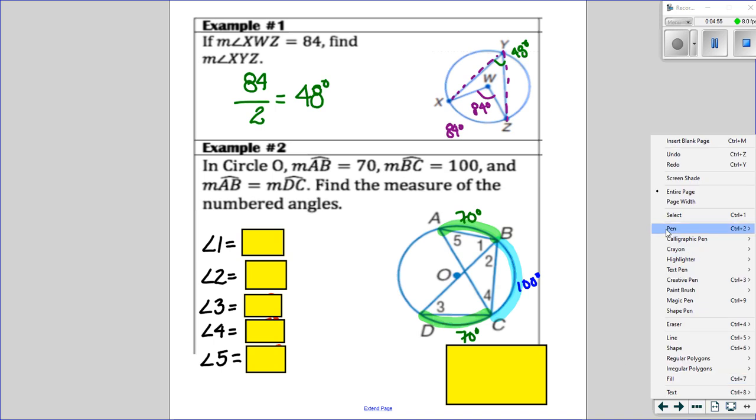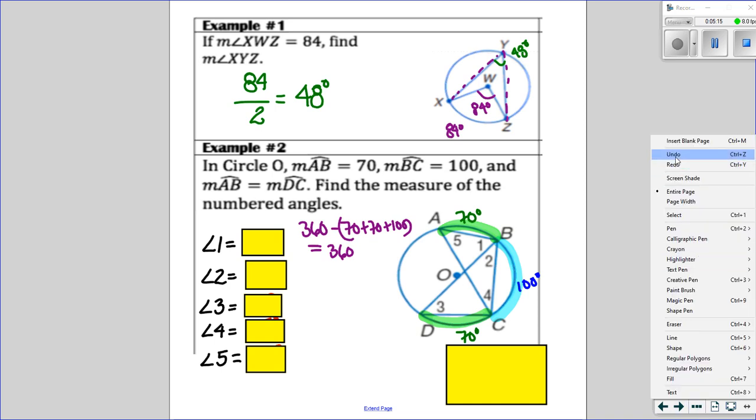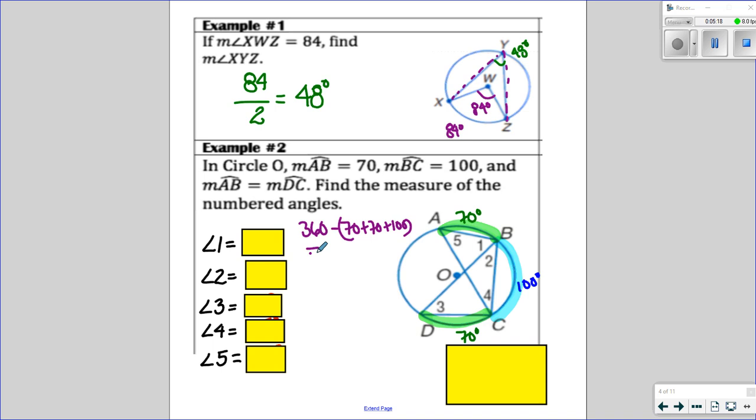We know that a circle is 360 degrees, so we add 70 plus 100 plus the other arcs. I'm just going to put that in the calculator. So you add all of that up and then subtract it from 360. And that will give us 120 for that part.